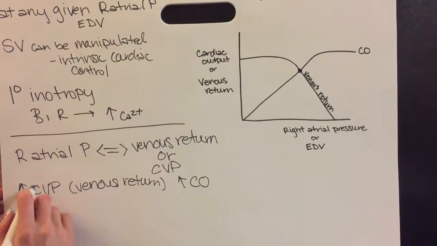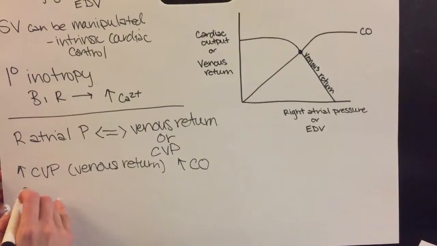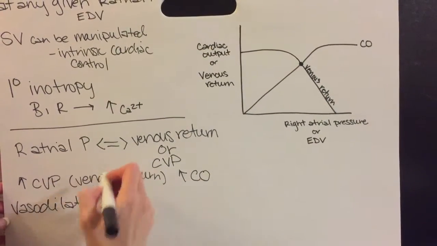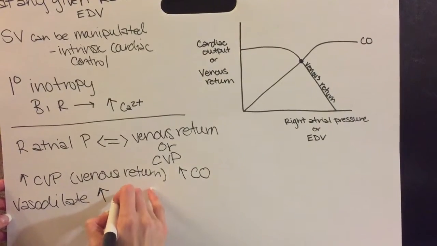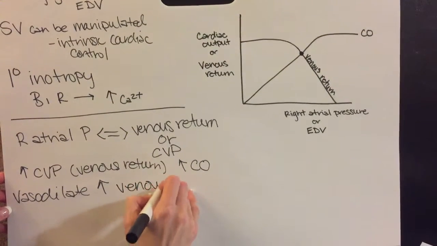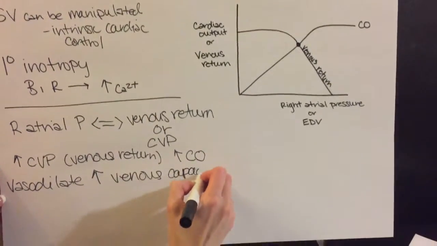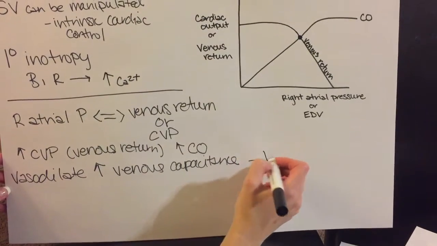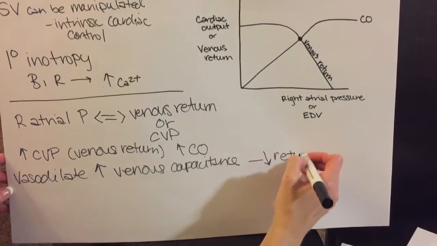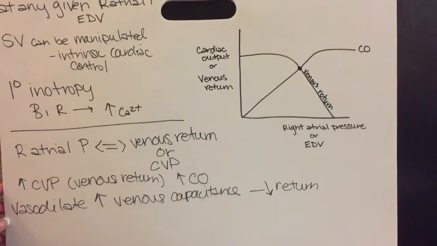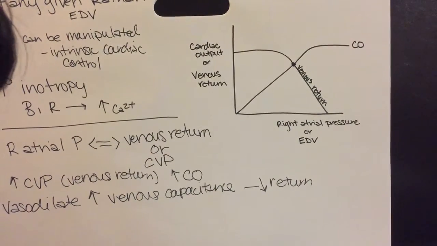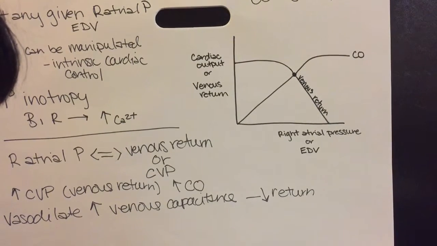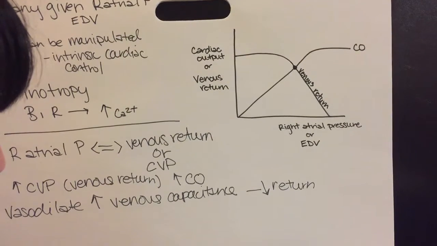Increased venous capacitance, on the other hand, will decrease our venous return. So if you vasodilate and you increase venous capacitance, you'll decrease return, decreasing our venous volume, and thereby decreasing our ultimate preload, which will decrease our stroke volume.